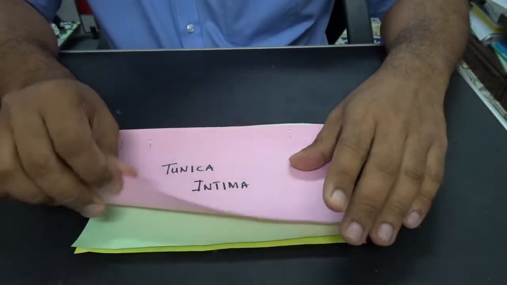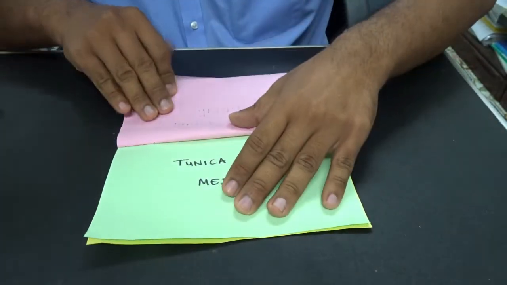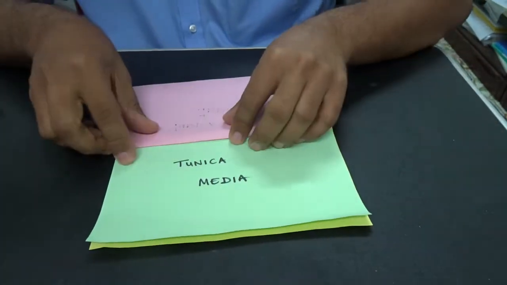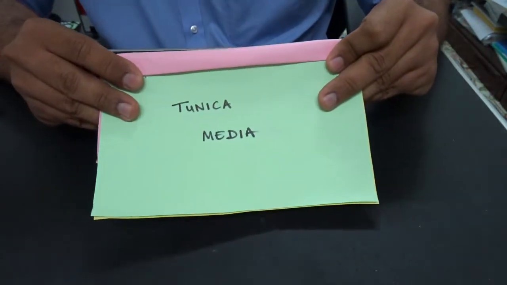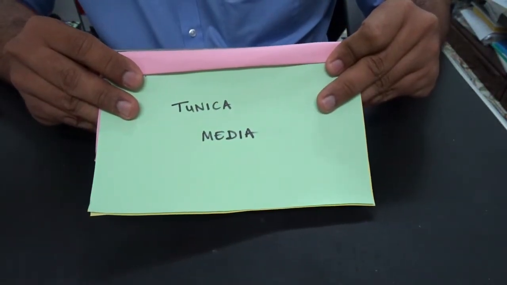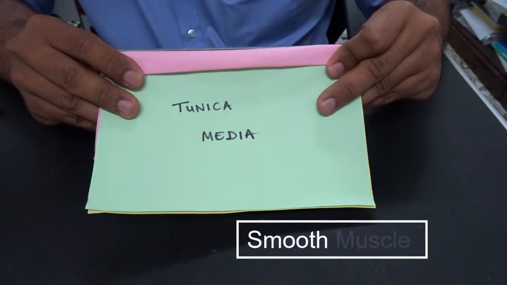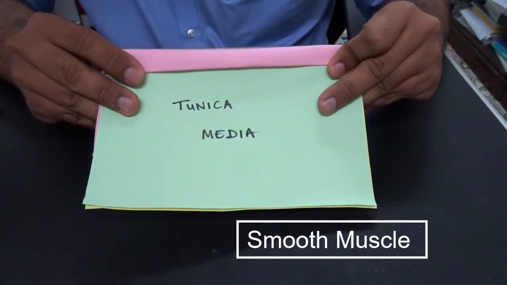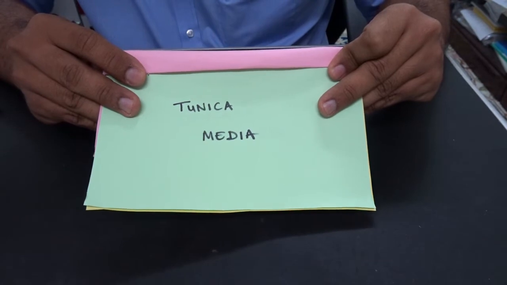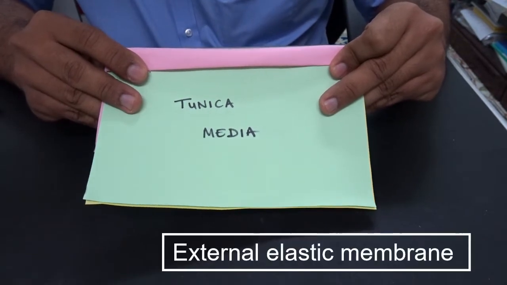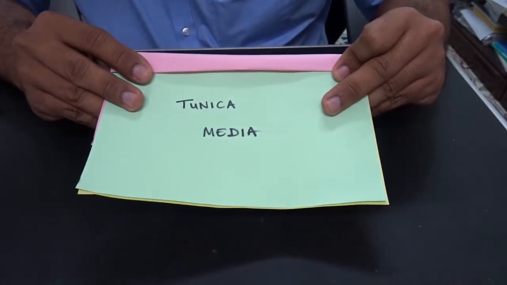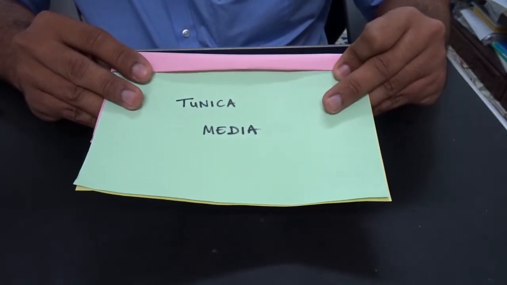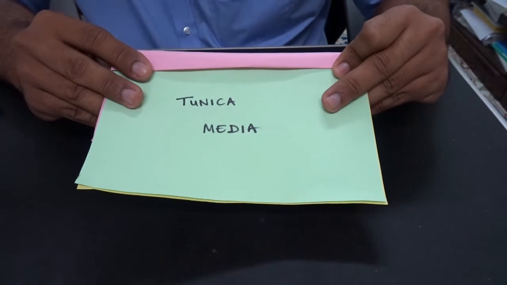The next layer, the middle layer of the blood vessels, is the tunica media. Within this tunica media, there are circumferentially arranged smooth muscles, and also the external elastic membrane. These smooth muscles act to control the pressure within the blood vessel.